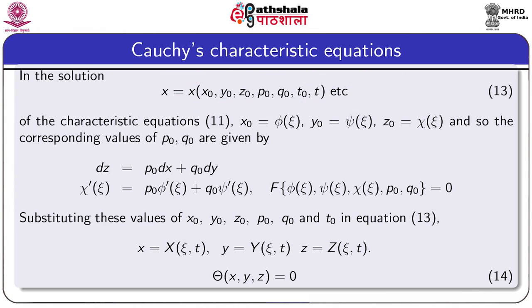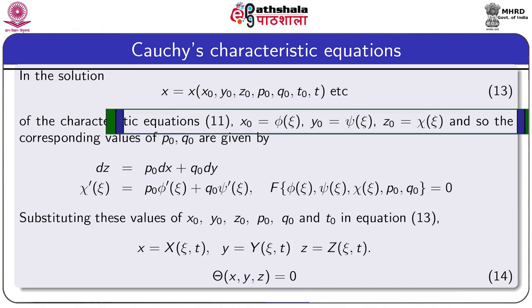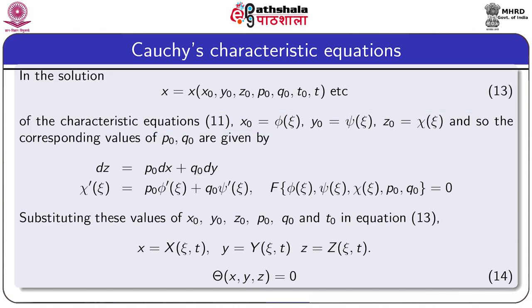Similarly, all variables y, z, p, q are functions of x0, y0, z0, p0, q0, t0 and t, where x0 is some initial value of x, which for this case we are taking as the given value of x from the curve gamma. So, x0 is taken as phi zeta, y0 as psi zeta and z0 as chi zeta.